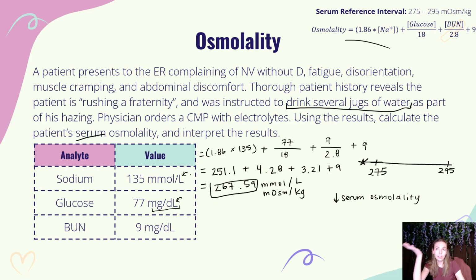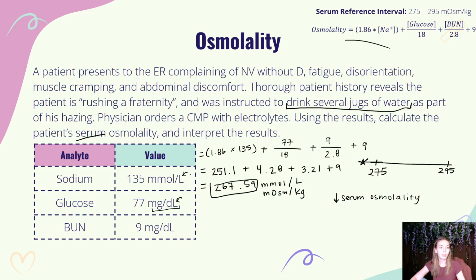So osmolality is a measurement of how much stuff is in your blood. It's a measurement of how concentrated that stuff in your blood is. The more water you have without increasing the amount of stuff present in the water, the lower your osmolality is going to be because the stuff that's present in your blood is less concentrated, right? That's how it works.